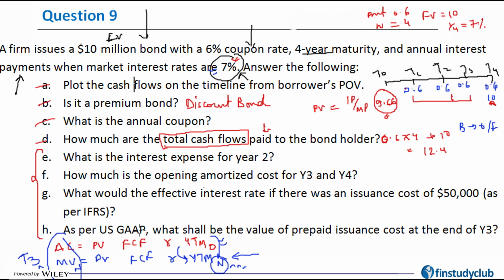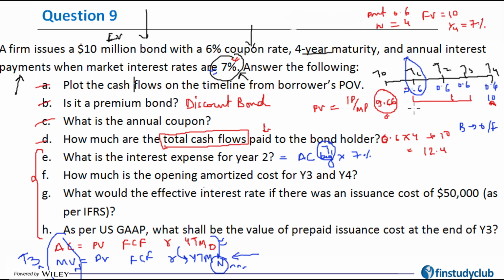Why this is important is because in part E, you have to calculate the interest expense for year 2, which is equal to the amortized cost at the beginning of the year multiplied by the original YTM. So I've got to calculate the amortized cost at the beginning of the second year, which is at T1, right here.